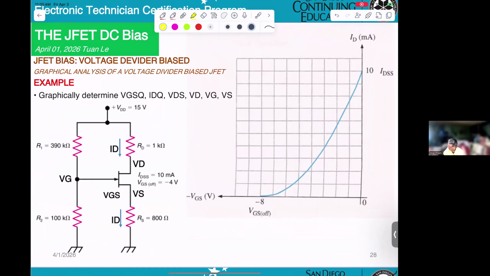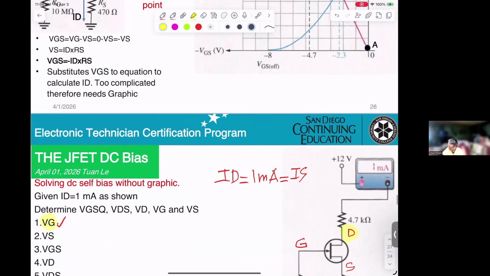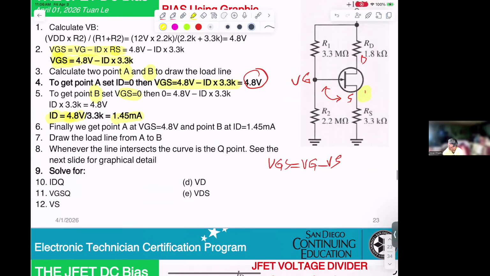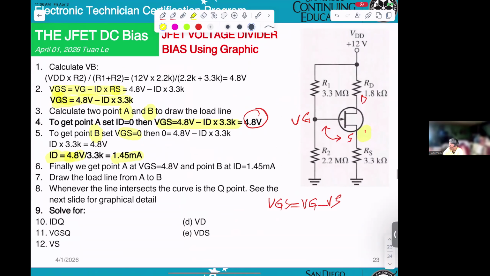On this one, the same thing. Graphically determine, if you want, you have to try to understand the voltage divider graphic on this one.